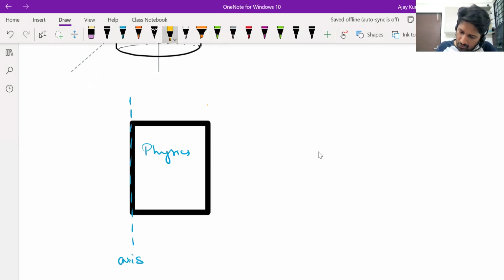If we apply a force along this edge of the textbook, now this force's line of action is parallel to the axis, so there's no way it will intersect. The line of action of force will not intersect the axis. Can this force produce a torque about this axis? Can this force make the book rotate around the y-axis?